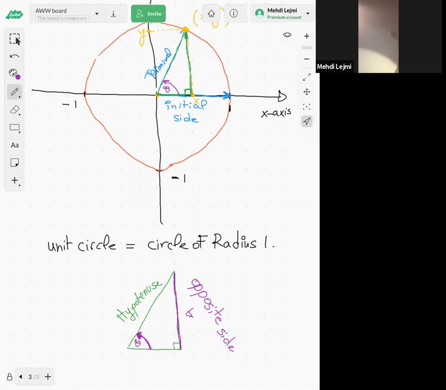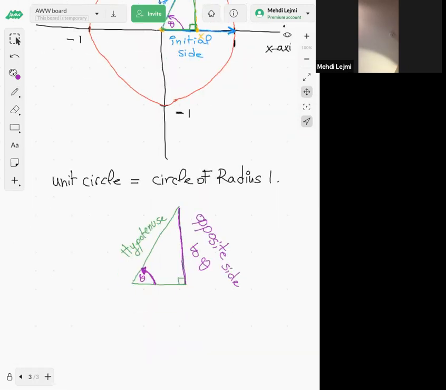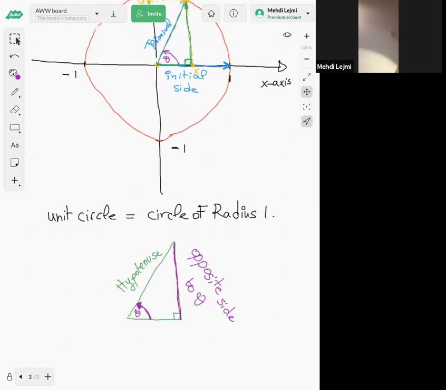Now, the adjacent side to the angle theta, let me pick the blue for it. This side here is my adjacent side to the angle theta. And of course, you have the hypotenuse.